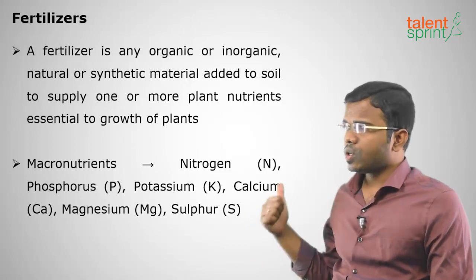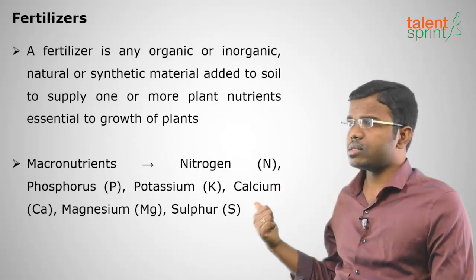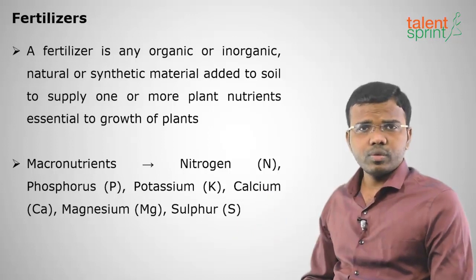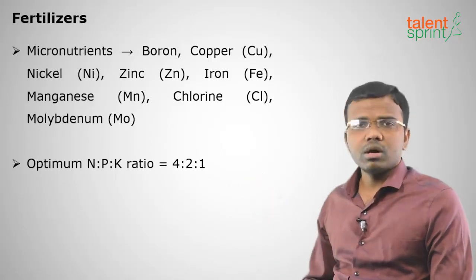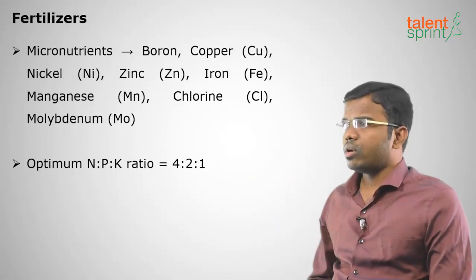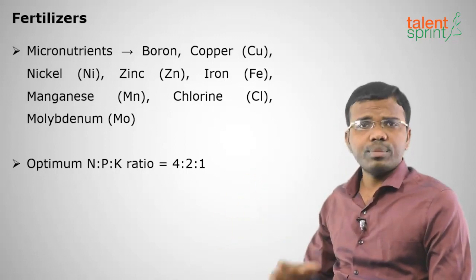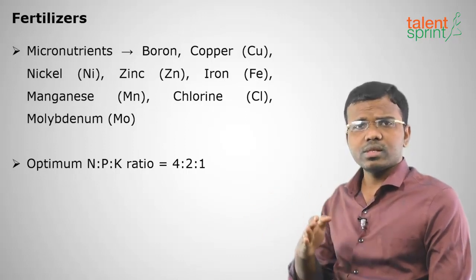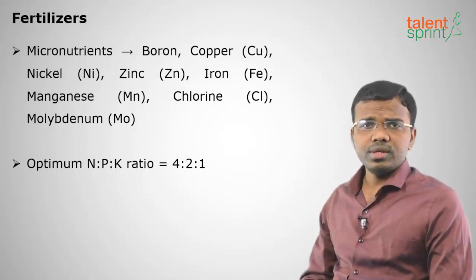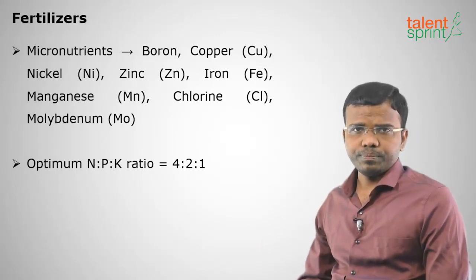Okay, so fertilizers essentially impart nutrients. The major macronutrients are nitrogen, phosphorus, potassium, calcium, magnesium and sulfur. And there are some micronutrients also, like boron, copper, zinc, chlorine, manganese, molybdenum, iron, nickel, etc. The optimum NPK ratio, meaning the nitrogen, phosphorus and potassium ratio which the farmers have to use, is 4:2:1.